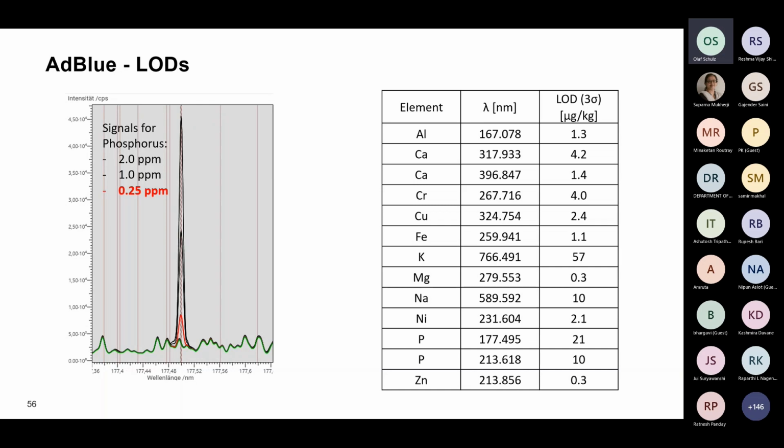In addition, the acidified aqueous urea solution will decompose to carbon dioxide and ammonia, and this matrix change, even though small, continuously changes the structure of the carbon background, and an effective way to model the background is needed to compensate for this. The picture on the slide shows the peak region of phosphorus at 177 nanometers with the structured background and how smart background correction is capable to model the background, displayed here as the green line.